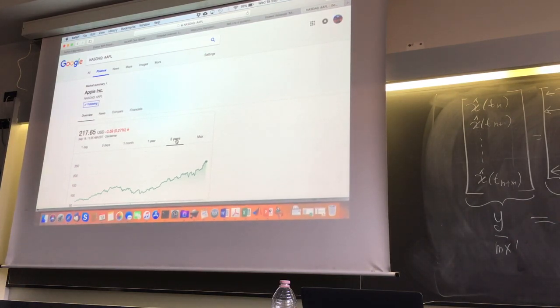So I need to get the data. Then, in order to get theta, I can write the least square problem. And the least square problem we solve is the following.